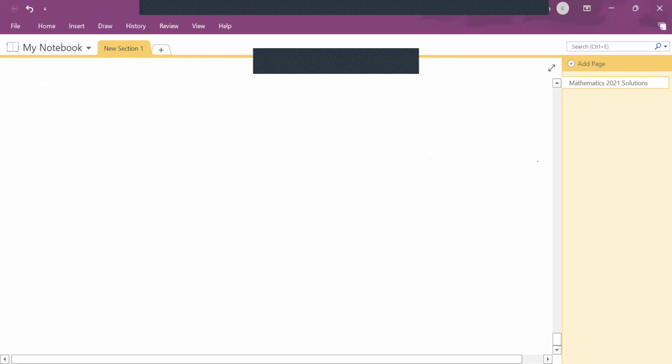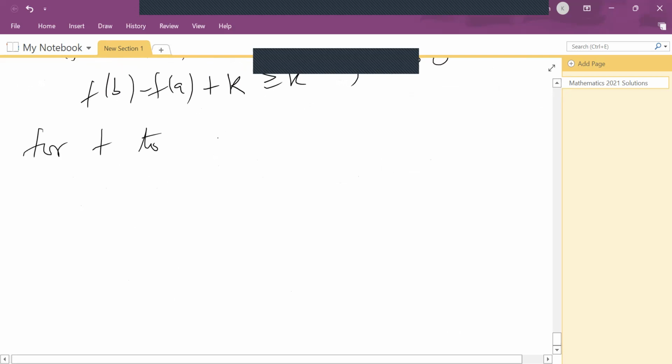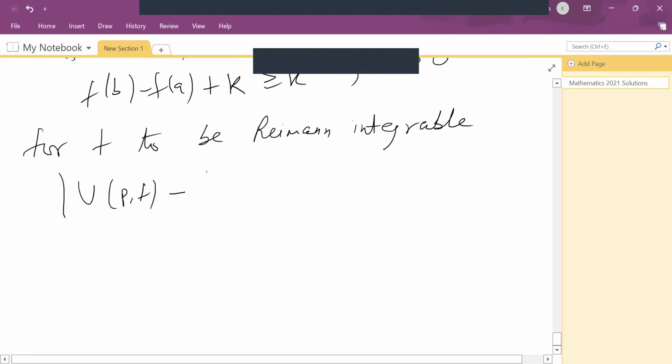Now, how to prove something is Riemann integrable? For f to be Riemann integrable, U(P, f) minus L(P, f), that is the upper and lower sums, should be less than epsilon for some partition P, where P is your partition.